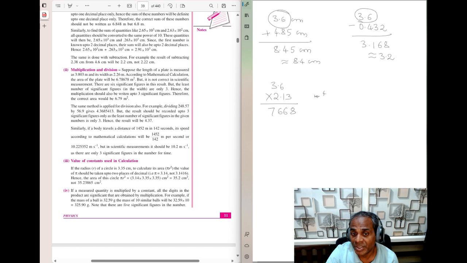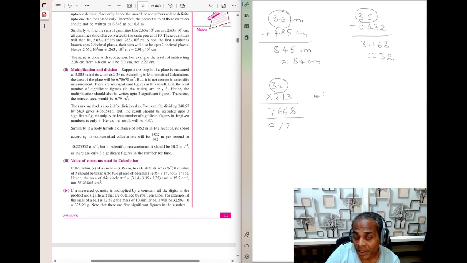And after putting the decimal, it will be 7.668. However, because 3.6 is having only two significant digits, the final product needs to be rounded off to two significant digits, which is in this case 7.7.